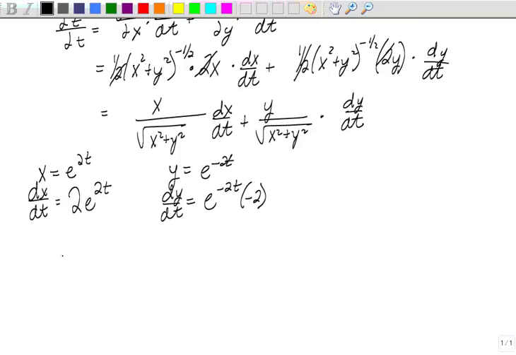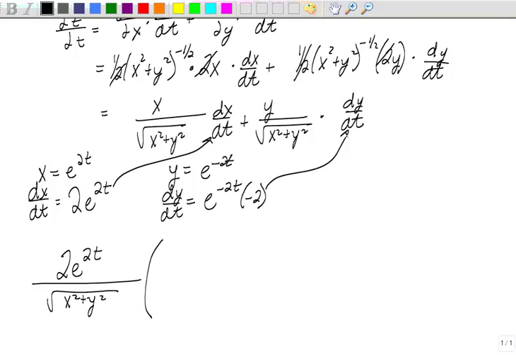So we can factor out a 2 e to the 2t over the square root of x squared plus y squared. And we have left, when we substitute this in here and this in here, x minus y. And now we're done.